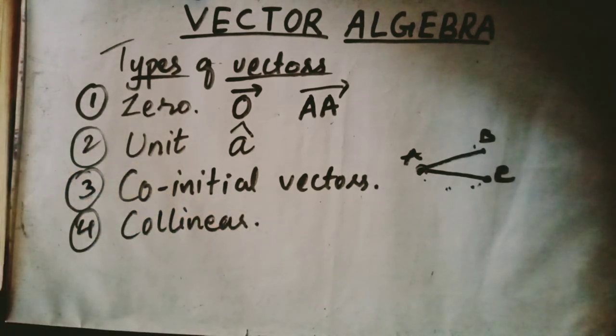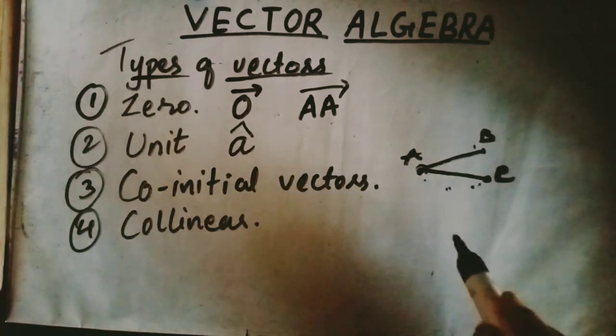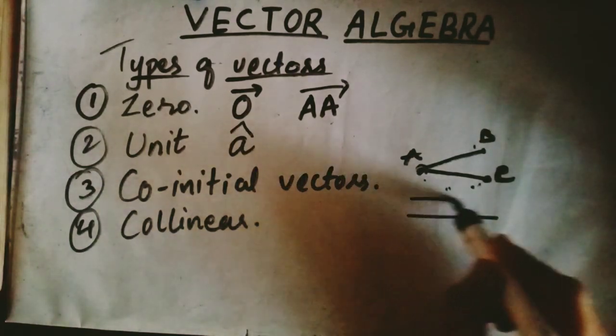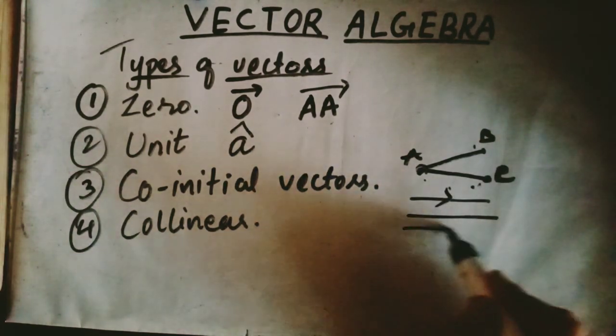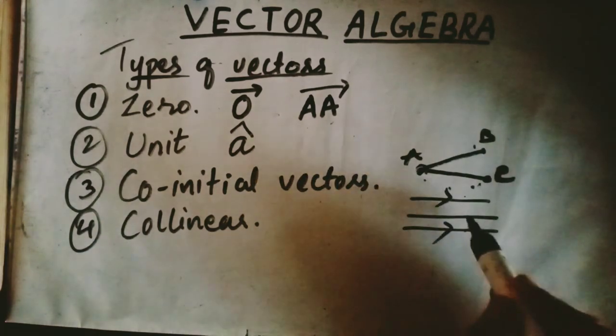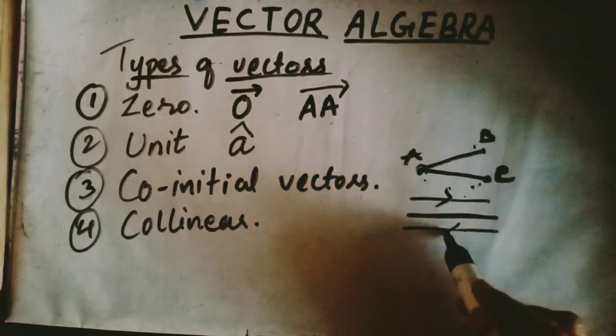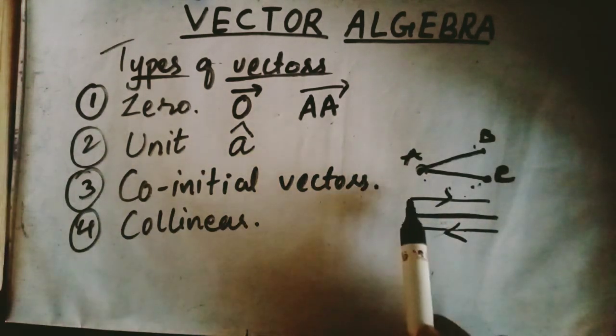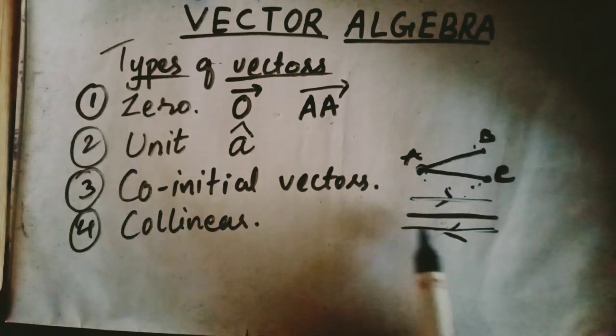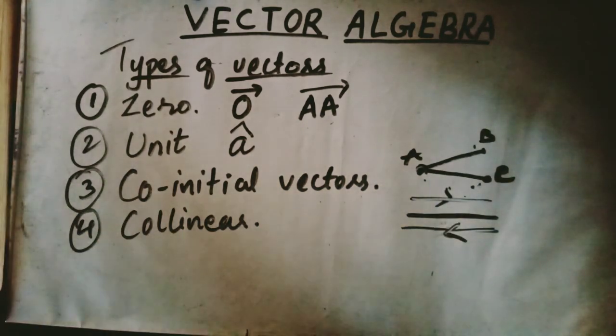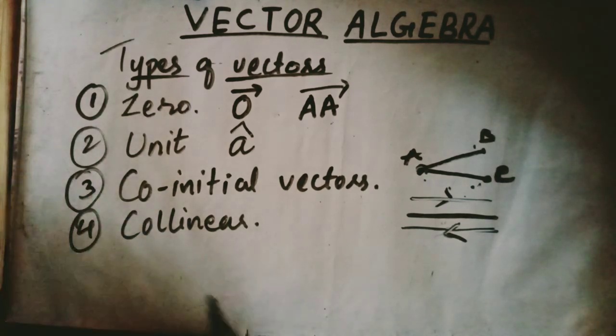Two or more vectors are said to be collinear if they are parallel to the same line, irrespective of their magnitudes and direction. If one vector is in this direction and one is in the opposite direction, it doesn't matter. So these are collinear vectors.